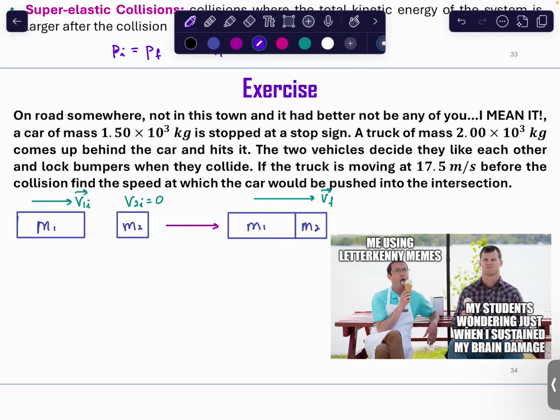Okay, so let's start with conservation of momentum. So we're just going to start here. But we know that since mass 1 and 2 are stuck together, the final velocity of mass 1 equals the final velocity of mass 2, just equals final velocity.